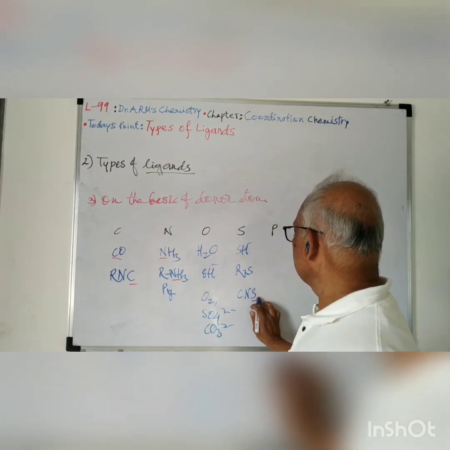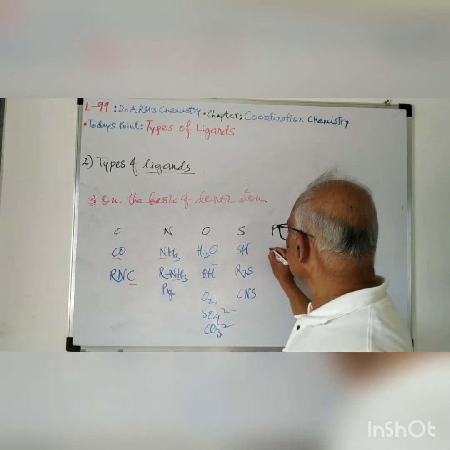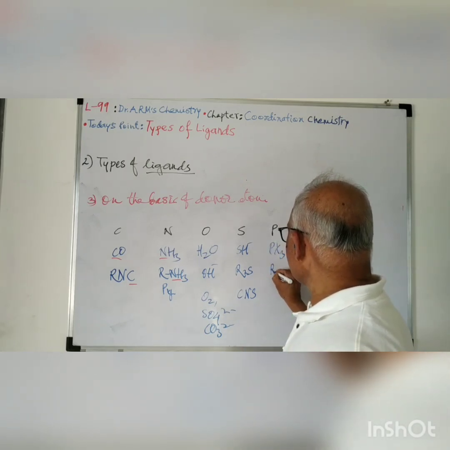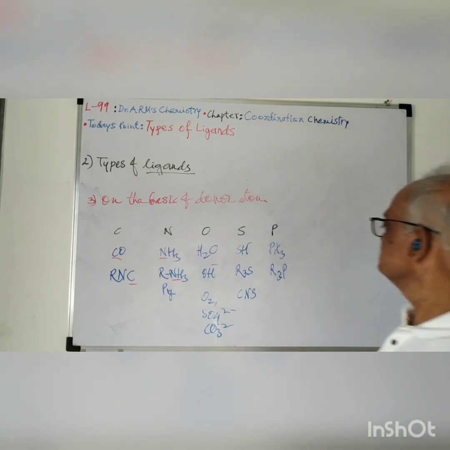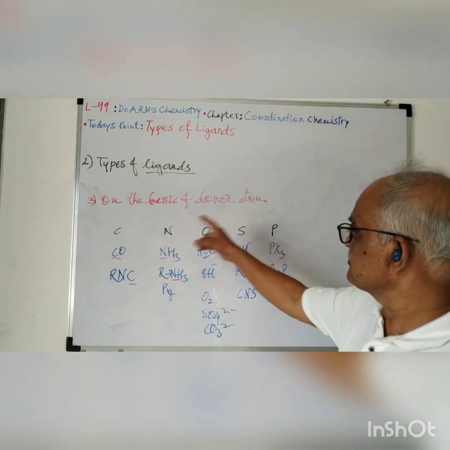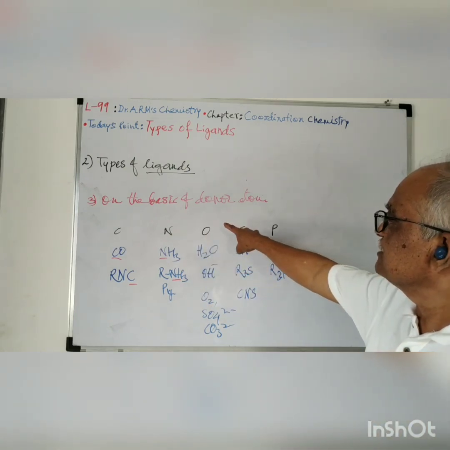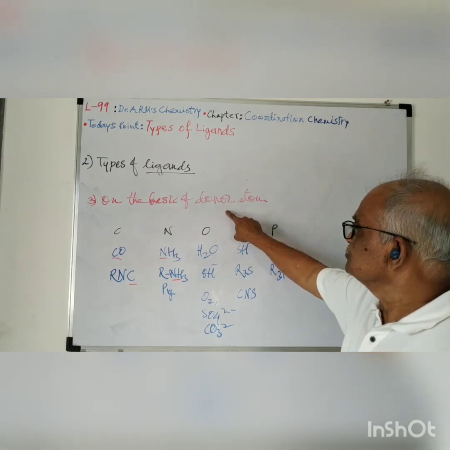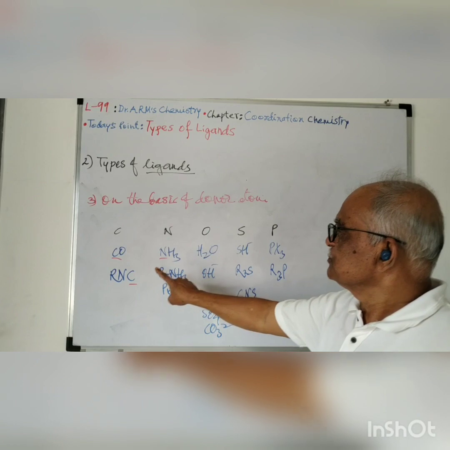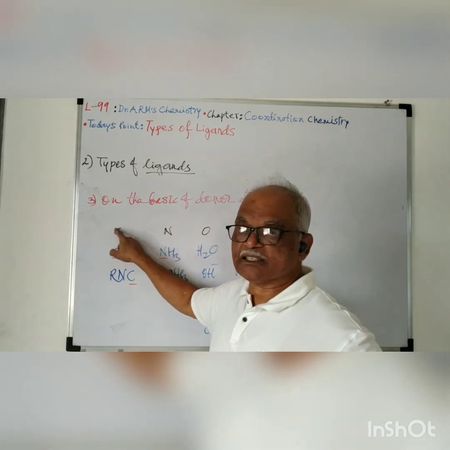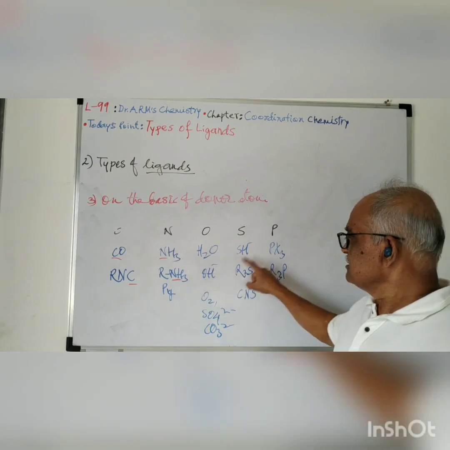Then here we can have PX3, R3P. So these are some examples with which we can say that the ligands can be classified on the basis of the donor atom. All these are the donor atoms, and these are the examples.